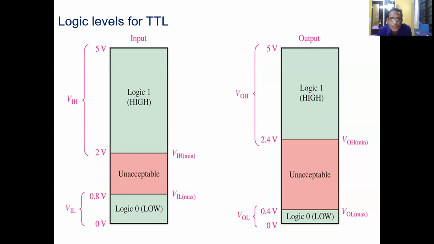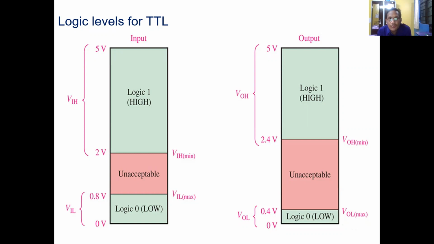So 0 to 5 volts: up to what condition should I consider logic 0, and up to what condition should I consider logic 1? These 0 to 5 volts are classified into three different parts: logic low, unacceptable or undefined, and logic 1. As this is digital electronics, all the operations are always performed on either logic 0 or logic 1.